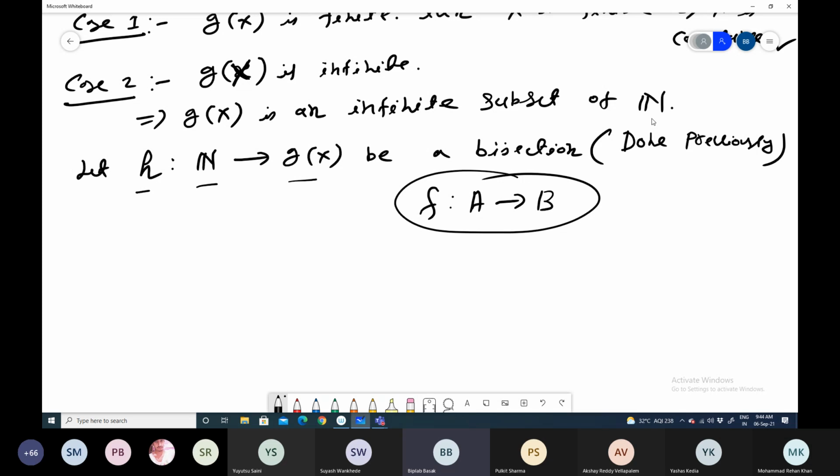I have done most of these problems by myself, not taken from any book, so I don't know in which book you will find this content. This content is in your syllabus, countability of sets and cardinality of sets.